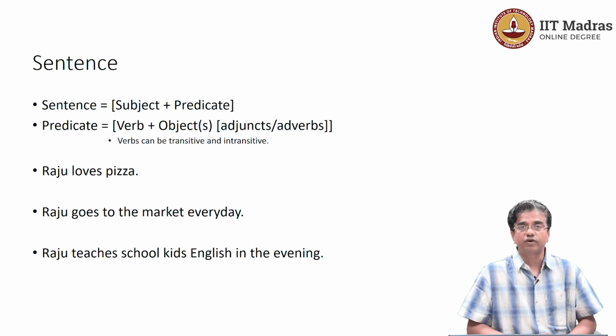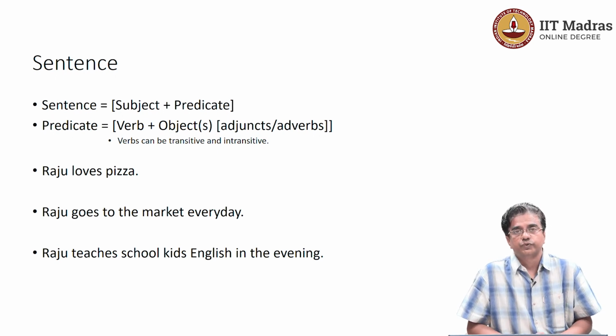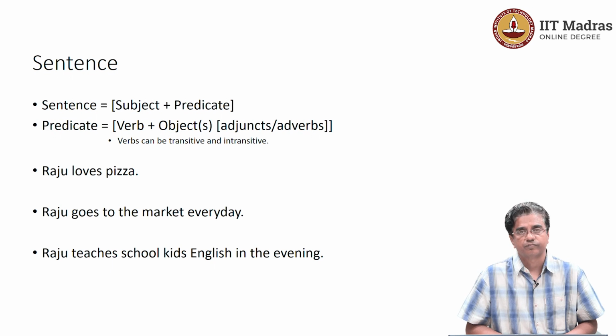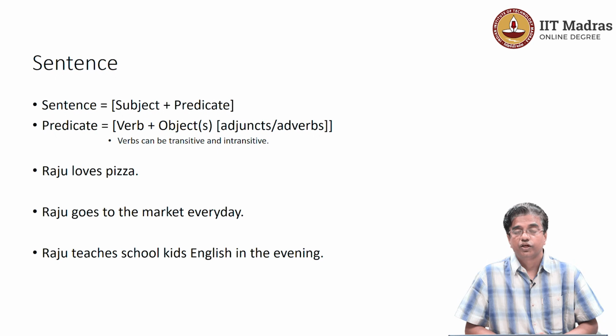If it doesn't have one, that is due to the intransitive nature of the verb. However, whether or not a predicate has an adverb in it is not contingent upon the nature of the verb. That is, it doesn't depend on transitivity or intransitivity.